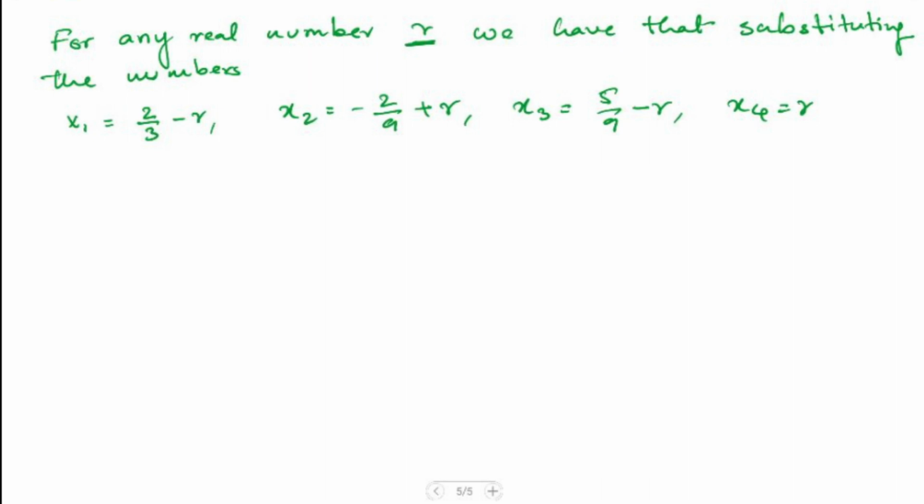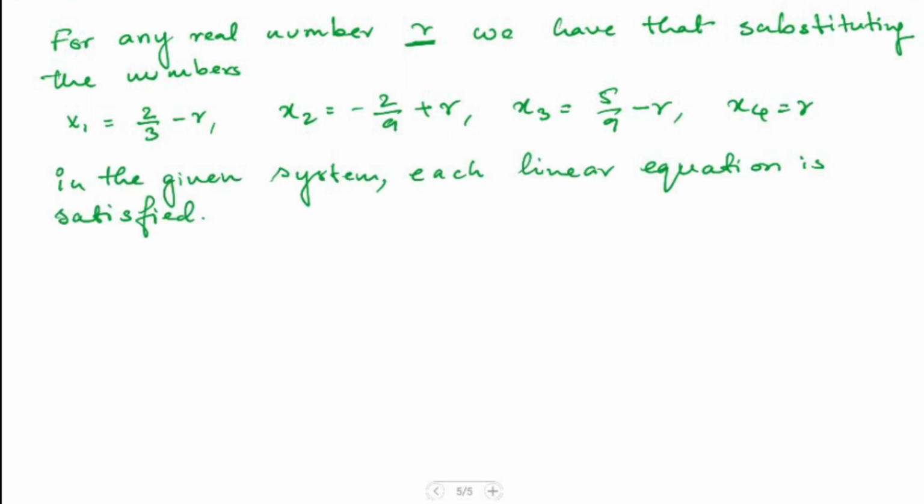So for any real number r, substituting the numbers x1 as 2 divided by 3 minus r, and x2, x3, x4 as they are, in the given system each linear equation is then satisfied.